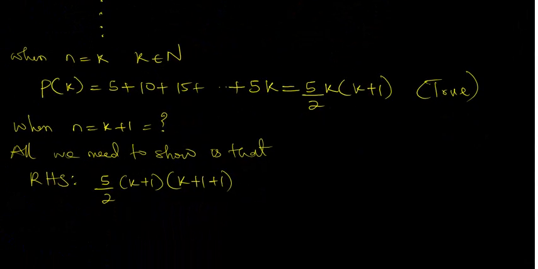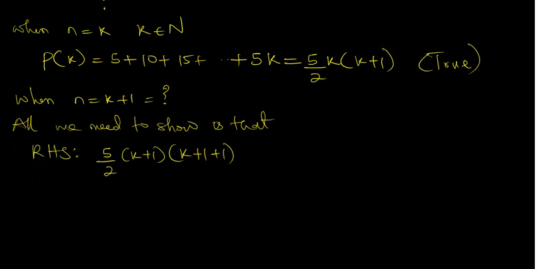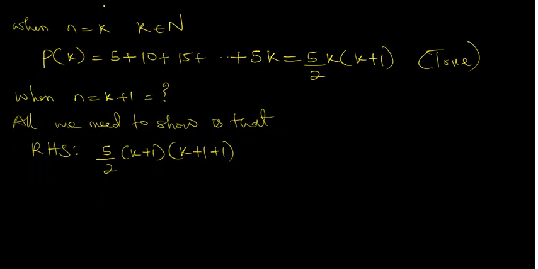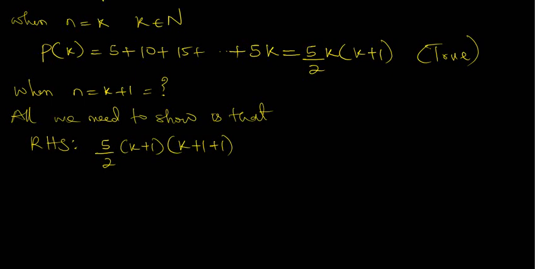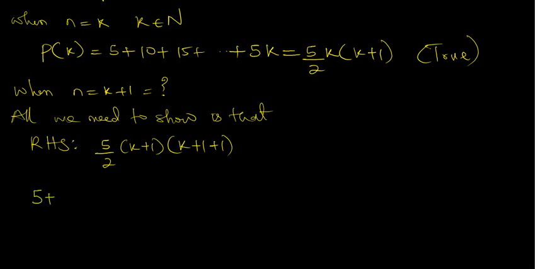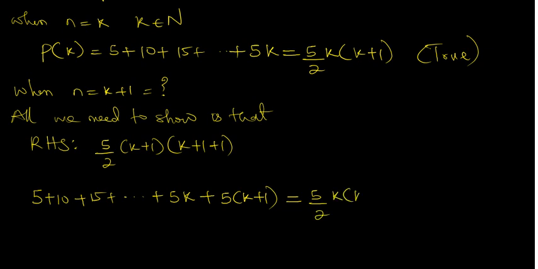So now what is the implication of this? We pick it up from here. Remember that since this is true, we can say that 5 plus 10 plus 15 and so on to 5k, plus, when n is k plus 1, 5 times k plus 1, is equal to 5 over 2 times k times k plus 1 plus 5 times k plus 1, because that's the next term.